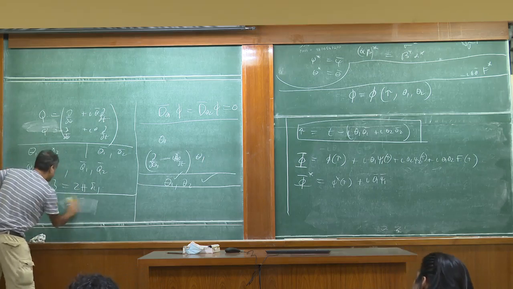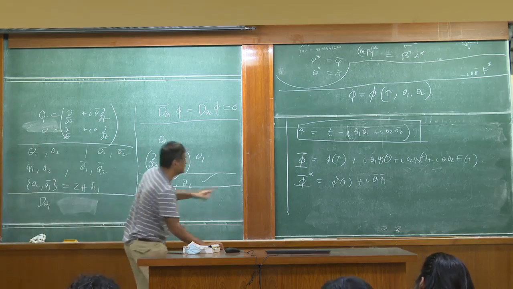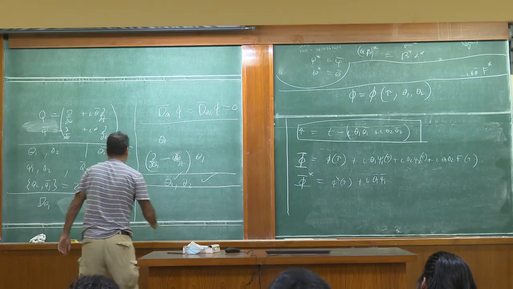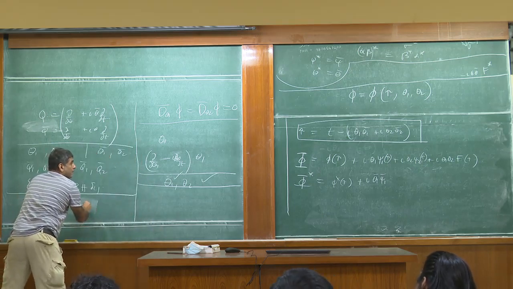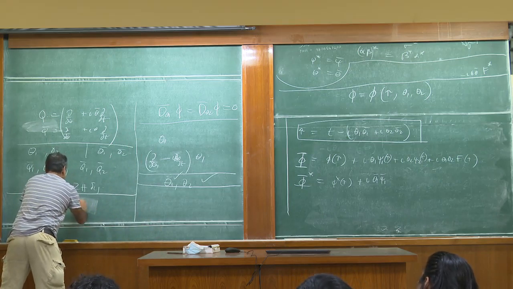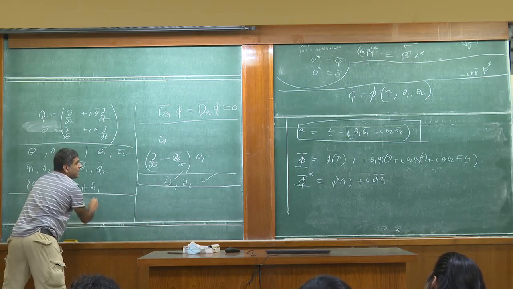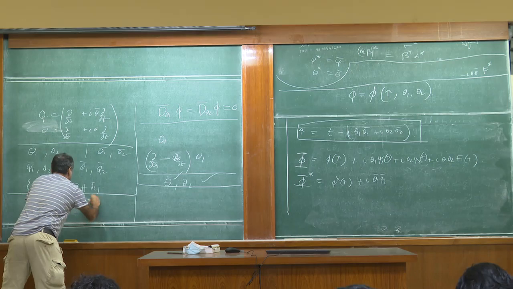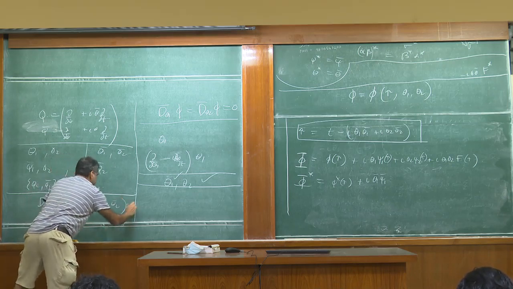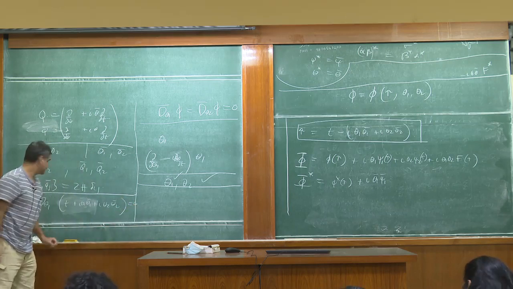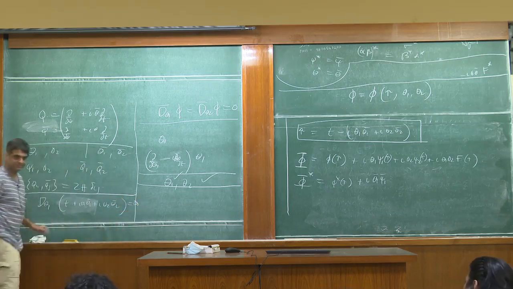Okay, so let me put the conjecture. I want to check that t plus I theta 1 bar plus I theta 2 bar is equal to 0. I want to check this.